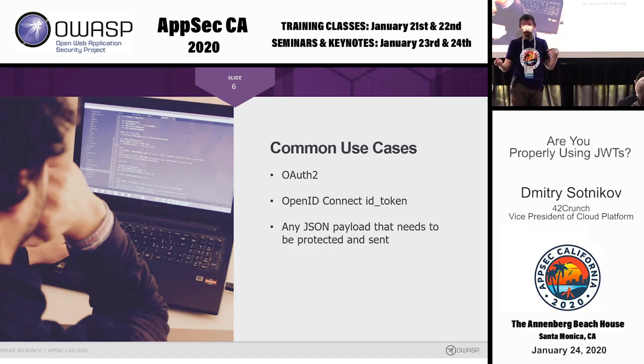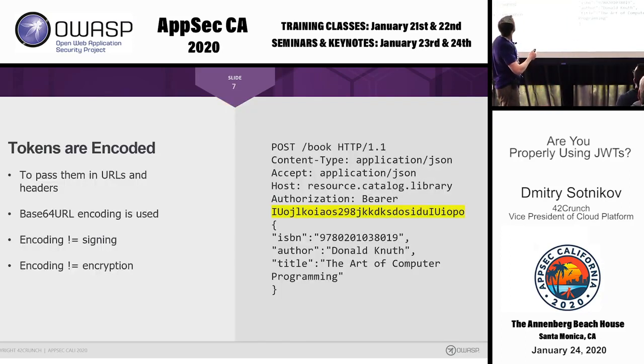Or any JSON payload, anything that you want to give to someone with the information and you want to encrypt it or sign it, again, you can use JWT tokens. They don't have to be used to just authenticate and authorize. You can use them whenever you need to send data over.